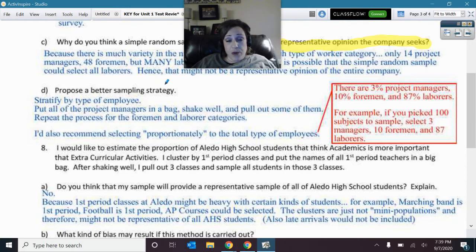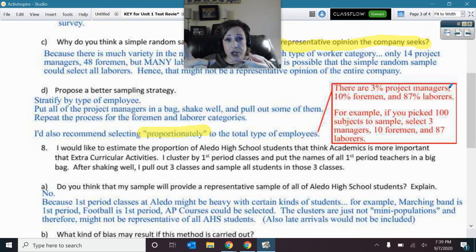Now, I'd also recommend, and I don't think we've really talked about this, that if we selected the subjects proportionately to how much they are in the company, I think that would get a really good representation. For example, 3% of the company were project managers because I took 14 and divided it by the total company employees of 439.